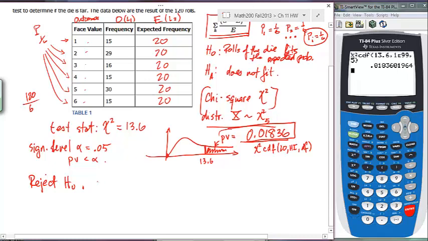So it doesn't look like it's a good fit because we rejected the null hypothesis. And so if it doesn't look like it's a good fit, then it doesn't seem fair. So the die does not seem like it's a fair die.